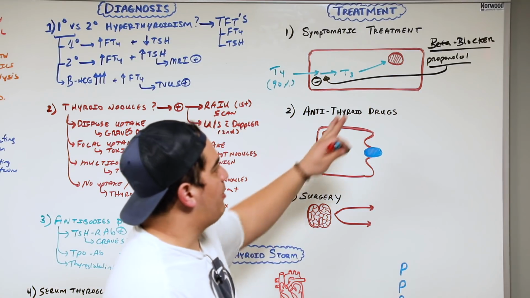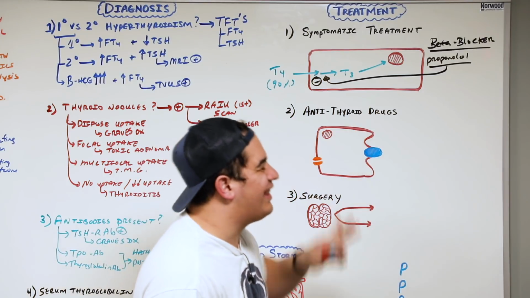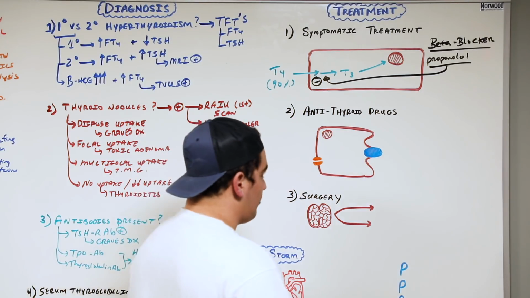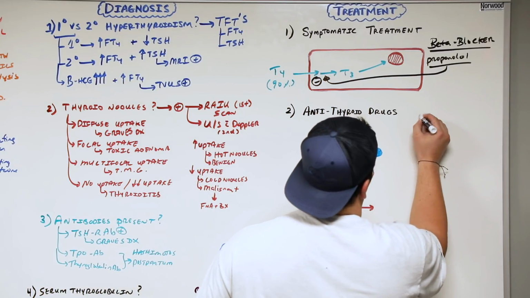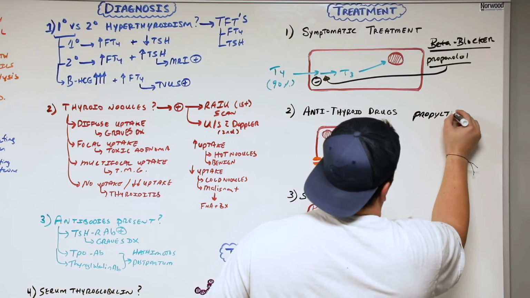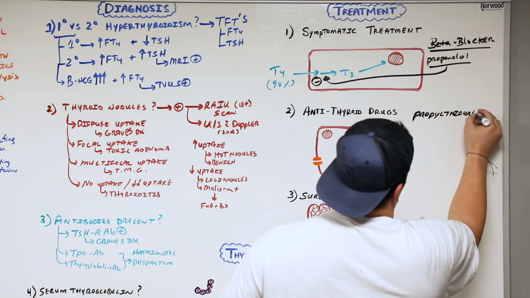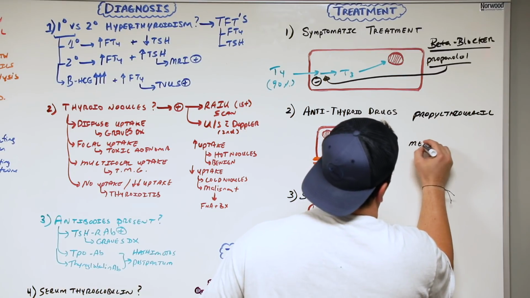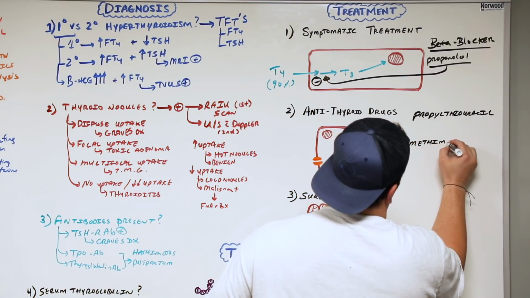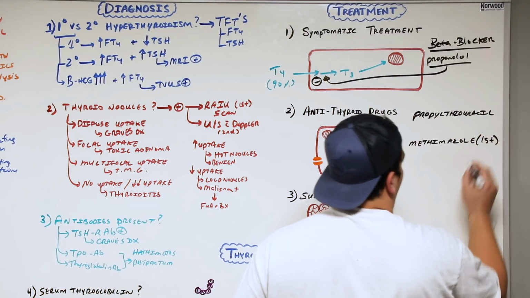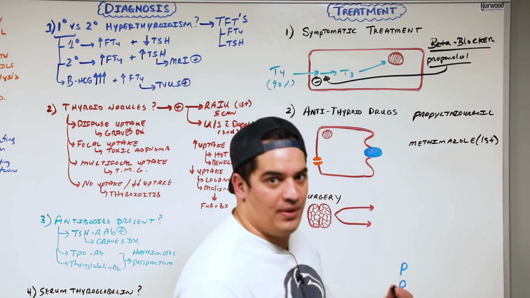After we've given the patient propranolol, the next thing is you got to give them anti-thyroid medication, something to help as well in this situation. The two drugs that you guys need to remember here are propylthiouracil and methimazole. Now, generally, methimazole is the one that you're going to grab first. It's more effective in patients with hyperthyroidism.